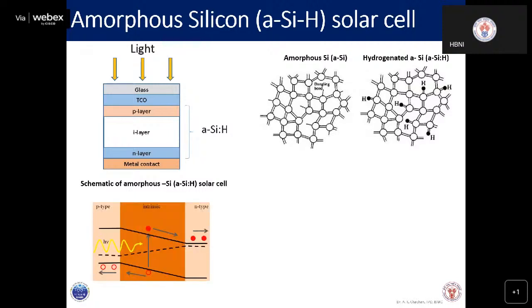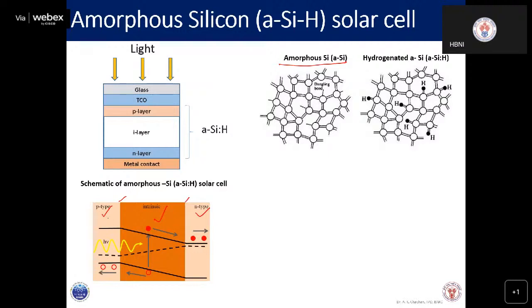This is a typical picture of an amorphous thin film solar cell, which is of silicon. So now you have p-type and n-type material. In between these two materials, a very thin film of amorphous silicon is sandwiched.